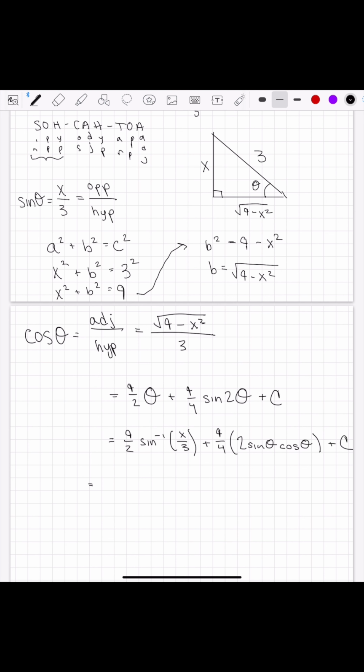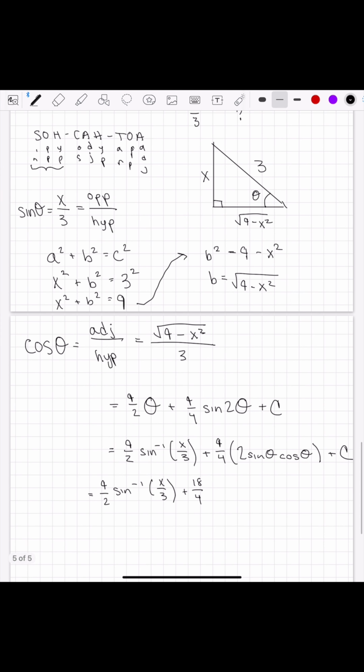So then we can first simplify the coefficient. So that's going to become 18 over 4. And then sine theta we said was x over 3. And then cosine theta we said was the square root of 9 minus x squared all over 3. Then we have our plus c.